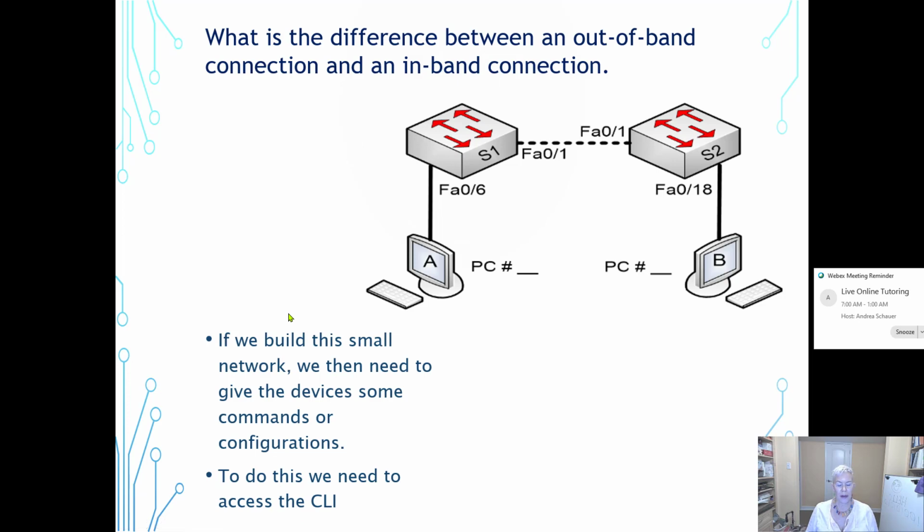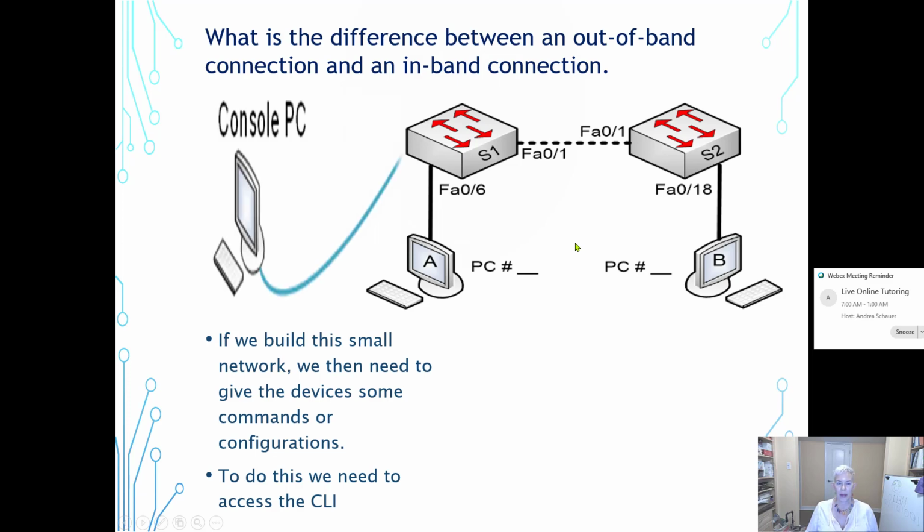So to do that, I need to get into them and access the CLI. Now keep in mind, this is a network, so these devices are related to each other, okay? They're part of the same network.